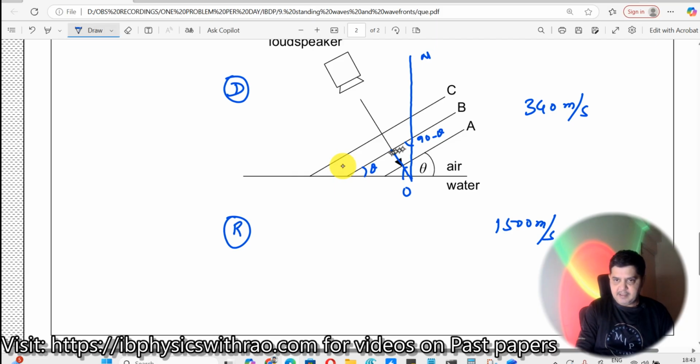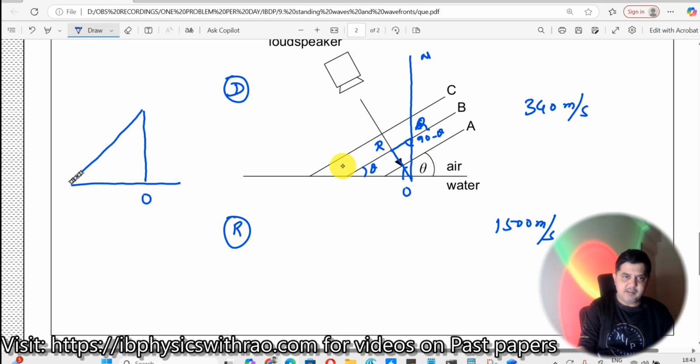Let us look at this one here. See, this O, let me call this point Q, because ABC we already used. O, Q, and let us have R. Let me write it down in a bigger way here. This is your point O. This is your line, which is your wavefront as shown. And this is your extended wavefront B here.